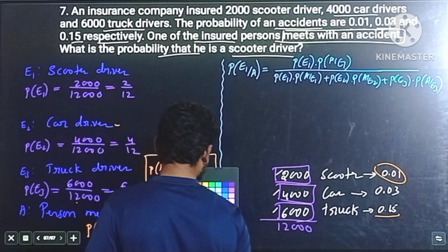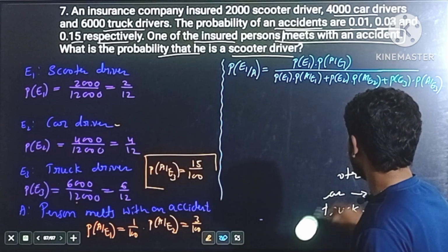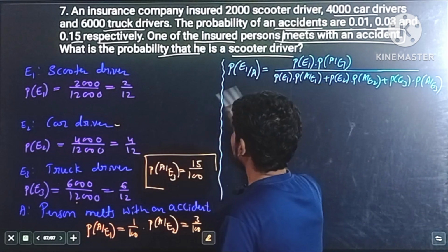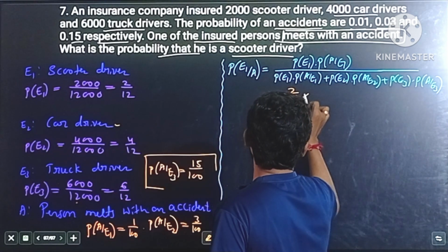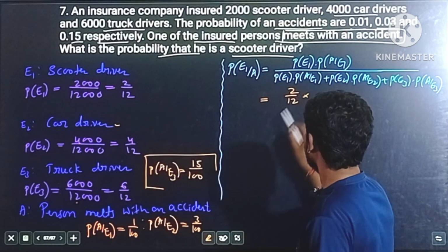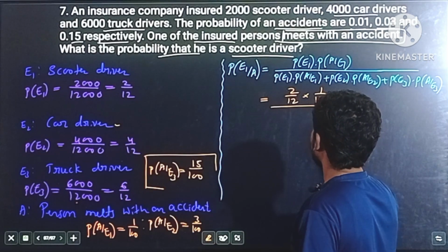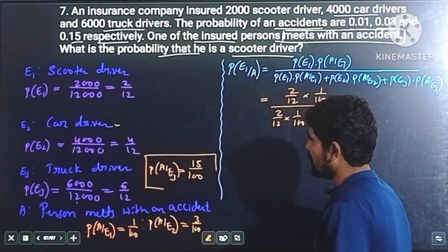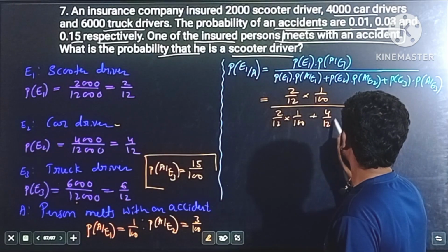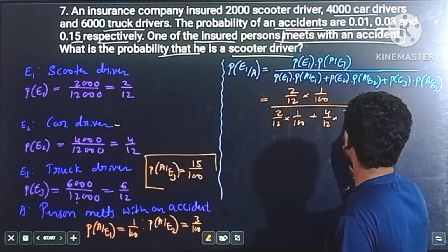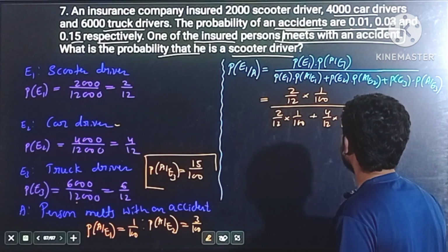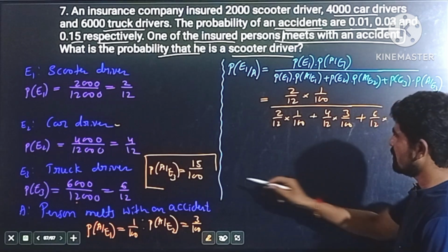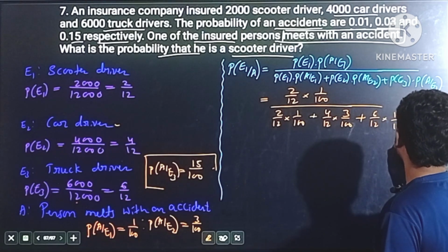Therefore, the required probability of E1 given A is equal to probability of E1, 2 by 12, into probability of A given E1, 1 by 100, divided by probability of E1, 2 by 12, into 1 by 100, plus probability of E2, 4 by 12, into probability of A given E2, 3 by 100, plus probability of E3, 6 by 12, into probability of A given E3, 15 by 100.